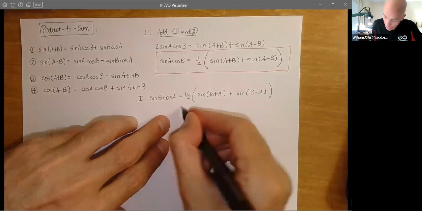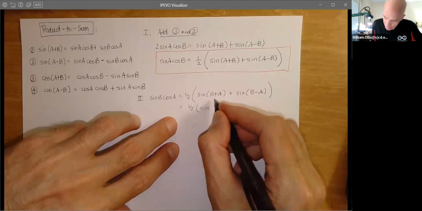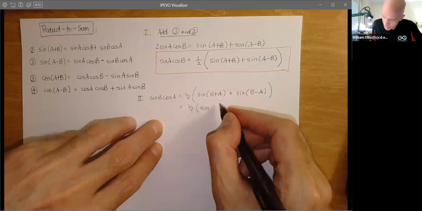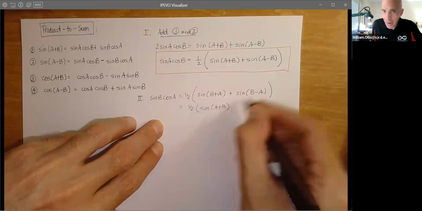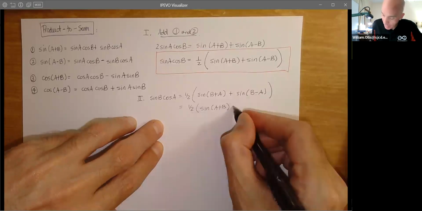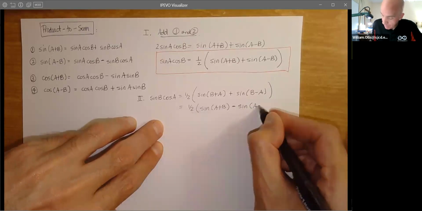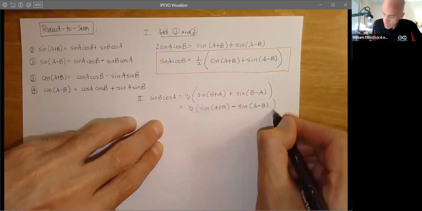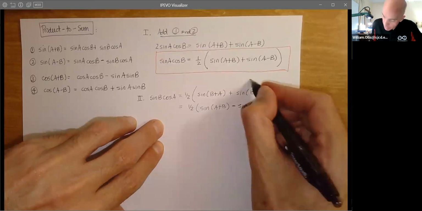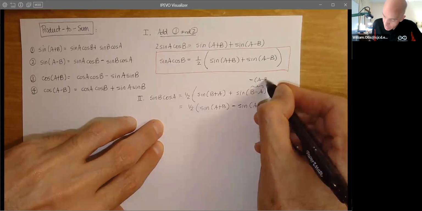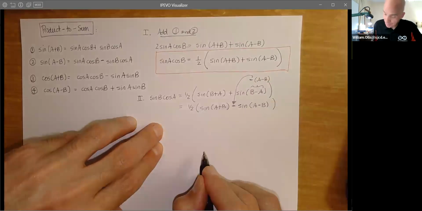Well, that's going to be 1/2 sine of A plus B. And then, of course, we're going to factor the negative here. So this is going to be sine of A minus B. So now when we write this as the negative of A minus B, the negative factors out because sine is odd.